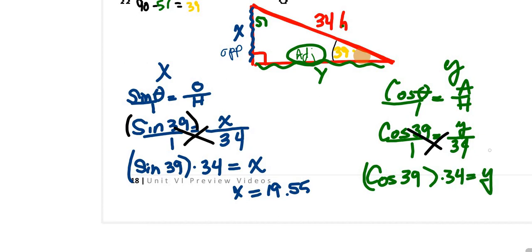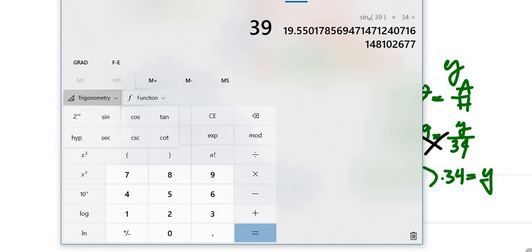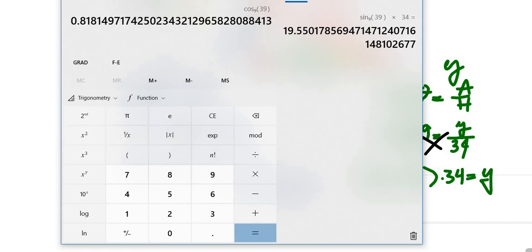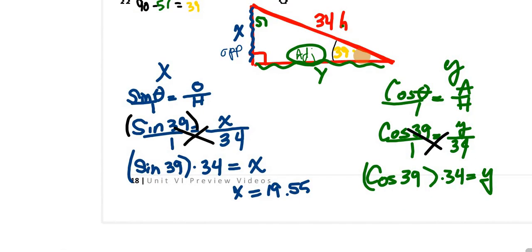So we have cosine 39 times 34. Take it to the second decimal place. I have 27.82.